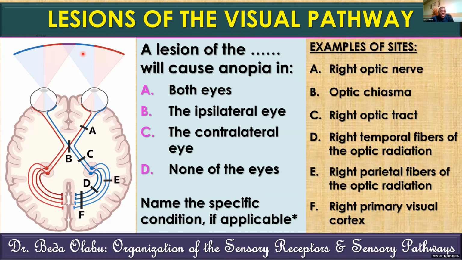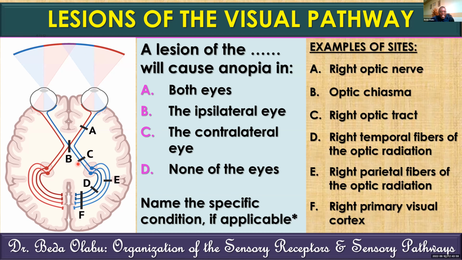If I lose nasal field of one eye and temporal field of the other eye, in a nutshell, I have lost one whole visual field. And in this case, the opposite visual field.